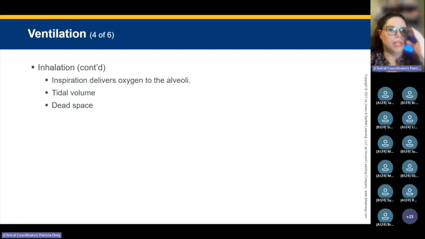So keep that in mind: when you take a really, really deep breath and inhale as much as you possibly can, not everything that you're inhaling is getting into your lungs, okay? Tidal volume is the measure of one depth of breathing. That's about 500 mLs for an adult. And the definition of dead space is the portion of inspired air that fails to reach the alveoli. And it's because of all this negative space, okay?